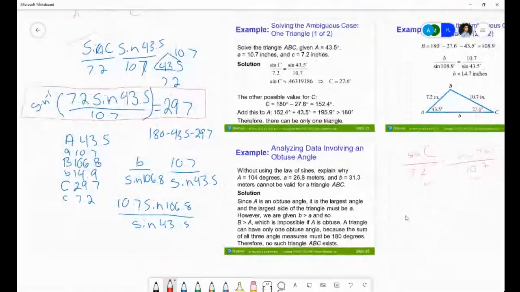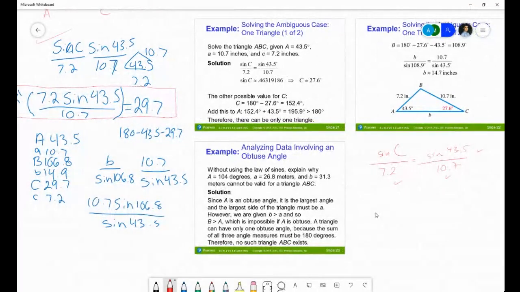Yeah, so that's going to mess up all your other values here. Dang, this is like one wrong move and the whole problem is messed up. I know, that's why you should write all this stuff down so you can get some partial credit.